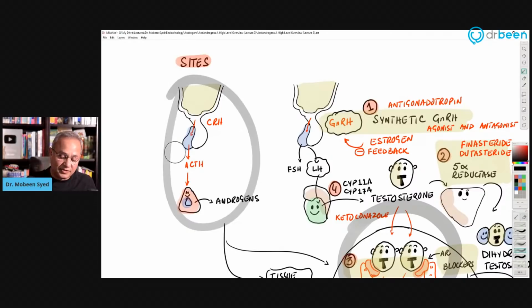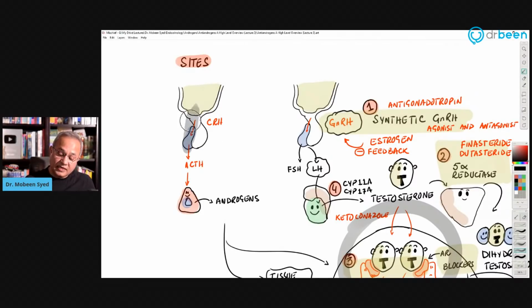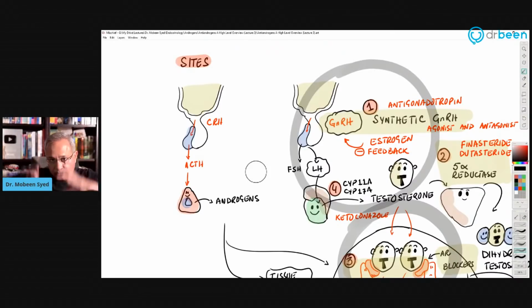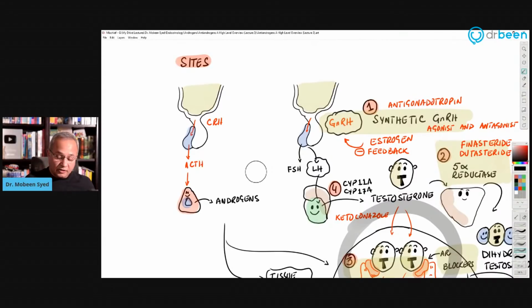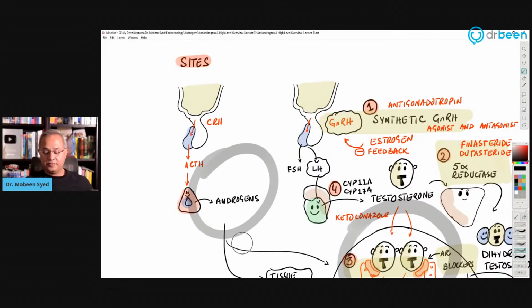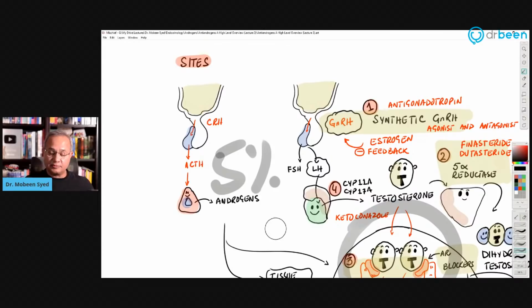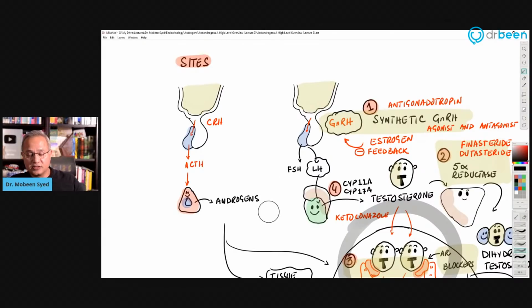Look at the mechanism here. The hypothalamus is still producing corticotropin-releasing hormone, which is still causing the anterior pituitary to make adrenocorticotropic hormone, which would cause the suprarenal gland to continue to produce androgens regardless of this side being downregulated. So how do we now control this? This is going to continue to produce 5% or slowly even more because the other side is not producing much androgens.